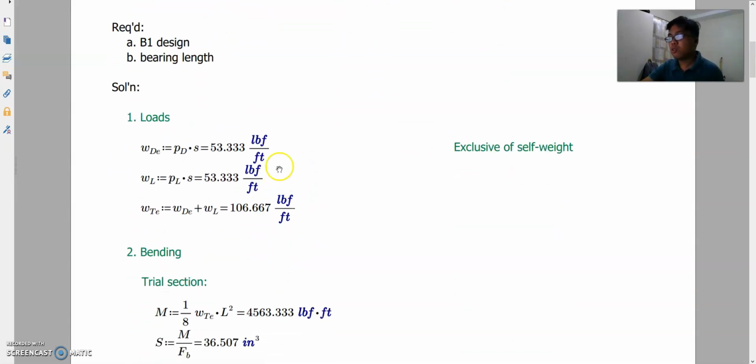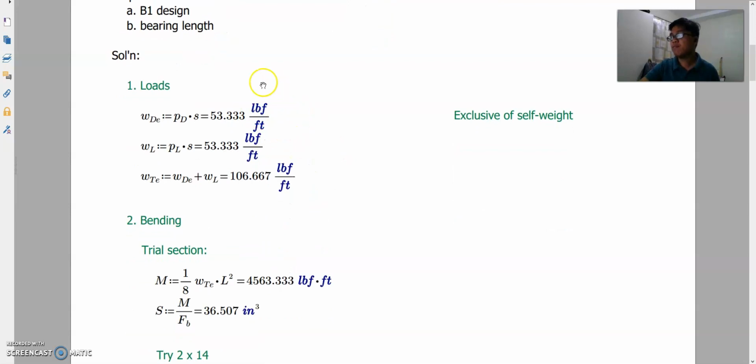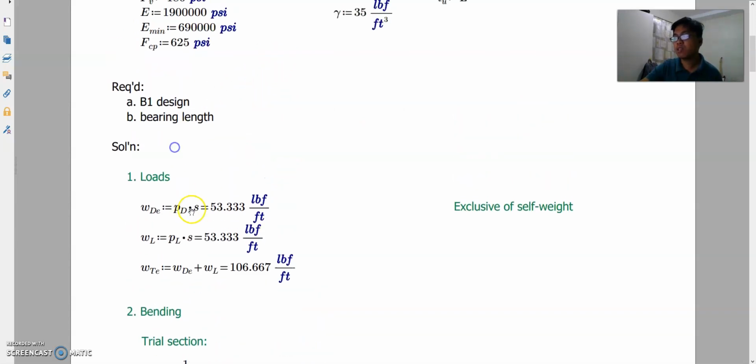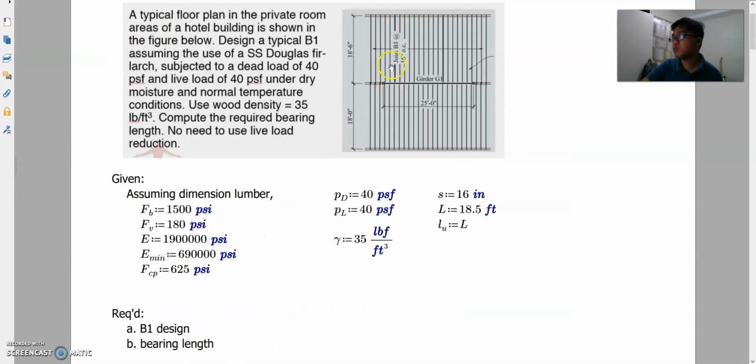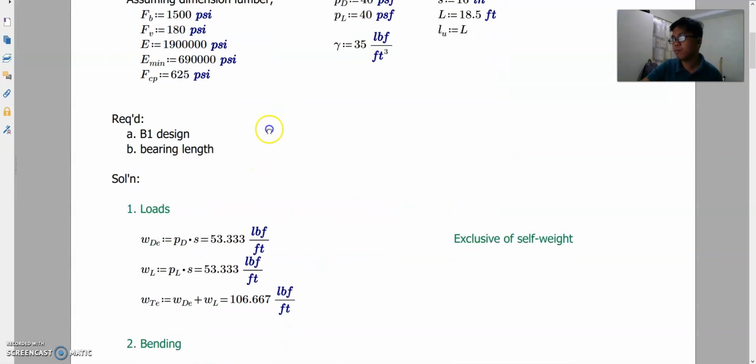Okay, let's first solve the loads. So we have here WDE, which is the dead load excluding the self-weight first because we do not know yet what the section is. So we have 40 times the tributary width, which is equal to the spacing, as you can imagine here. Okay?